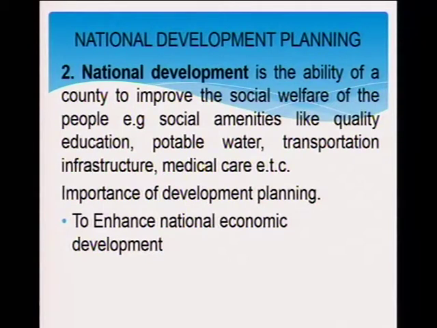Now the question is, what is the importance of national development planning? And it's simple: to enhance the national economic development of the country. So the government makes plans, and this plan is basically to enhance the development of the country. Plans to increase social amenities like education, water, transportation, medical care, infrastructure. That is what national planning for development is all about.